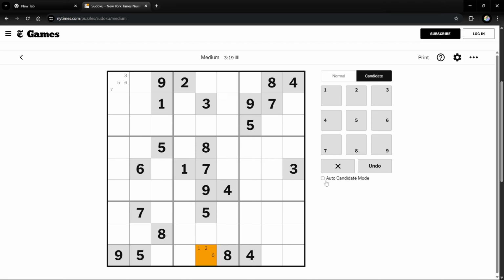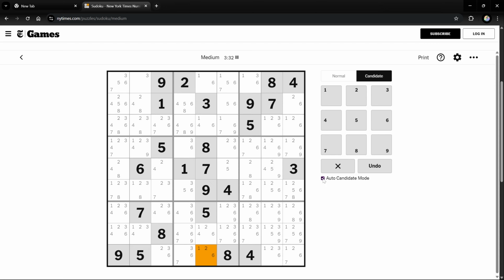So you can fill it all in, but it's going to be really tedious. So for us playing the game, if you want a faster or smoother gameplay, we will use auto candidate mode. So I'm going to turn it on right now. Okay, now the puzzle's all filled in, but we want to know how to use these candidates.